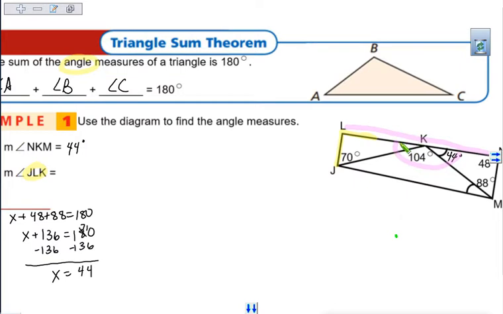So we can find that angle by adding all three of those up and setting it equal to 180, because all three of these angles form that line, and lines are straight angles. So we have x plus 104 plus 44 equals 180. Add our like terms.